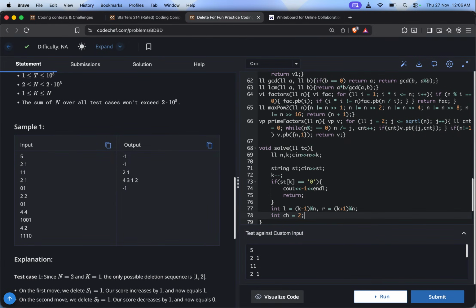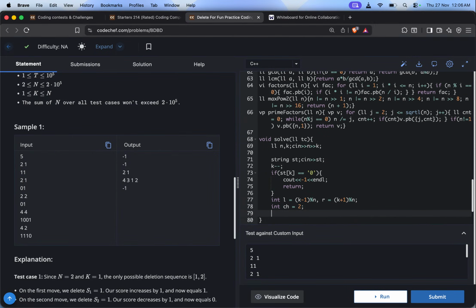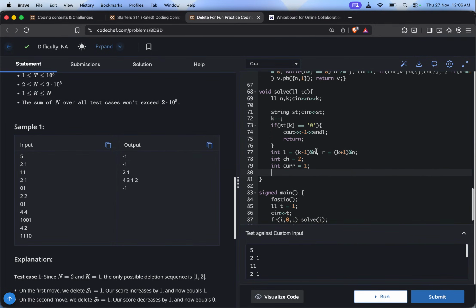What is our choice number? Choice number is 2 because we have picked k already, so second choice. Now what is our current score? Because we have picked 1 in odd, the current score is 1. Let's have an answer array which will store the order in which we are visiting. k is 1-based to be printed, so k plus 1.